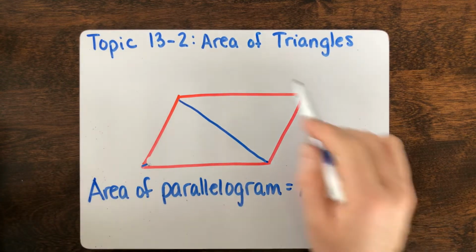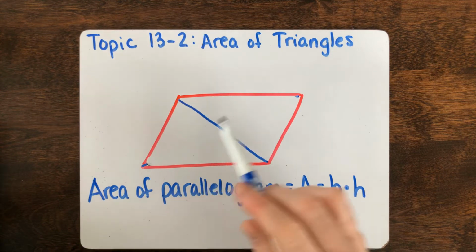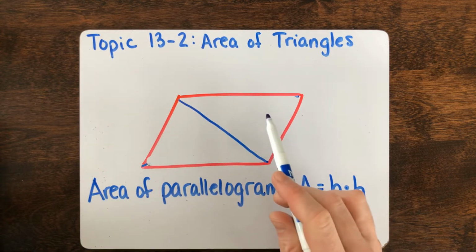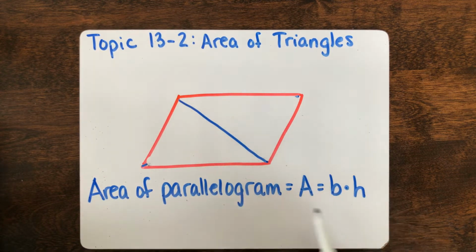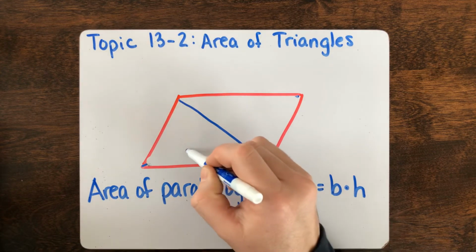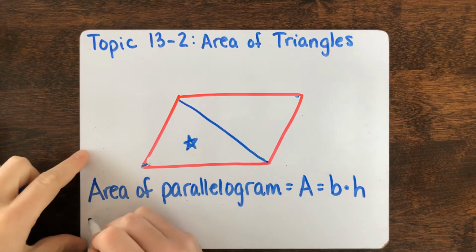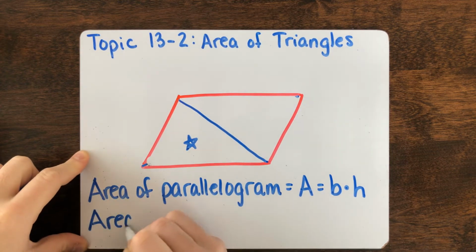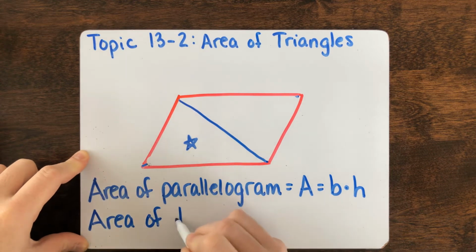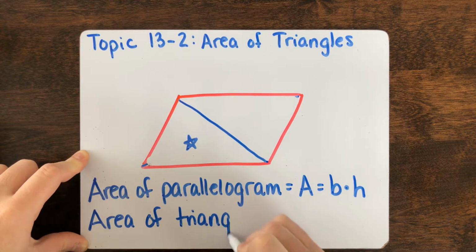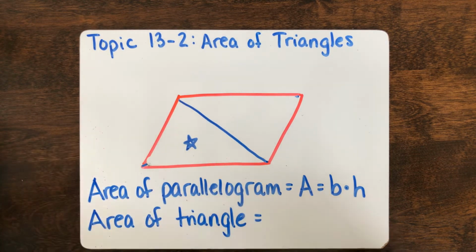So if this is a parallelogram and we can get 2 triangles from it, how do you think we use this area formula just to find the area of one of the triangles? So I'm going to repeat exactly what I just said.